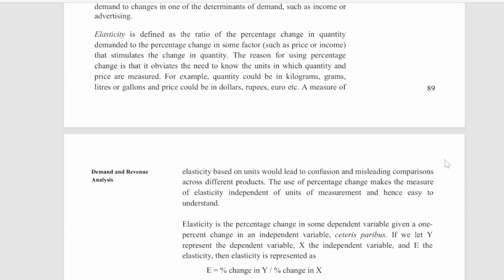Elasticity is defined as the ratio of the percentage change in quantity demanded to the percentage change in some factor, such as price or income, that stimulates the change in quantity. The reason for using percentage change is that it obviates the need to know the units in which quantity and price are measured.